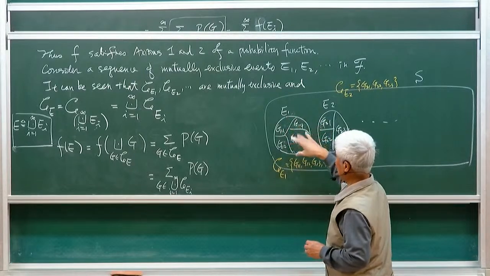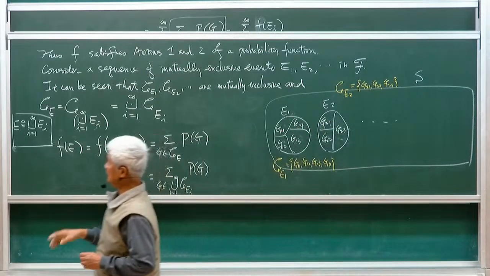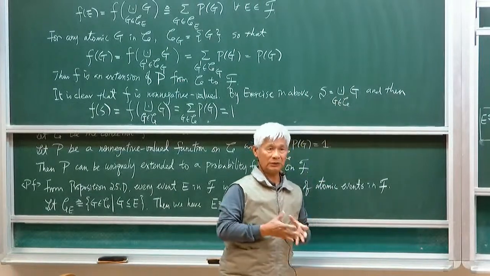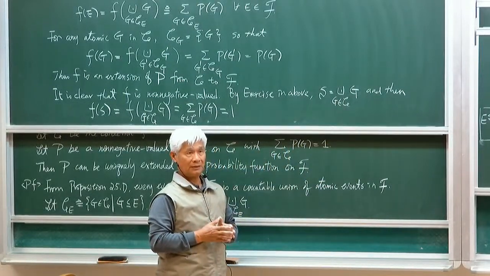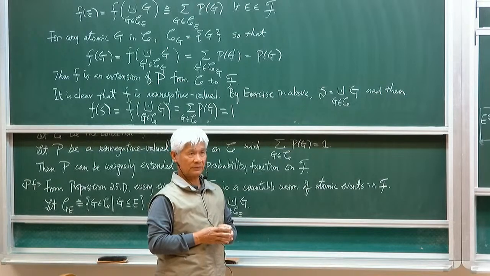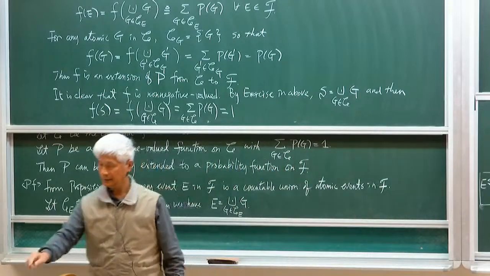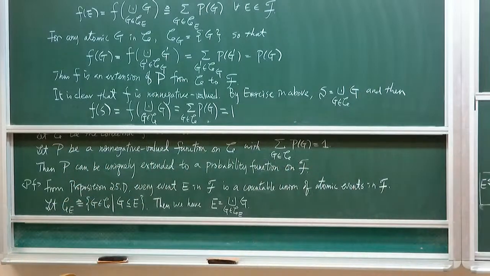It's quite possible because we showed in the exercise that the total event is actually equal to the union of all atomic events in the sigma algebra F. If you look at S, you will see that it comprises atomic events like that.